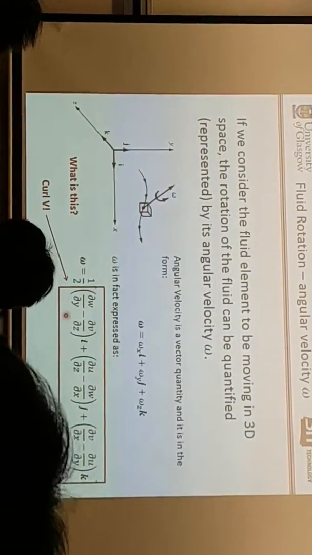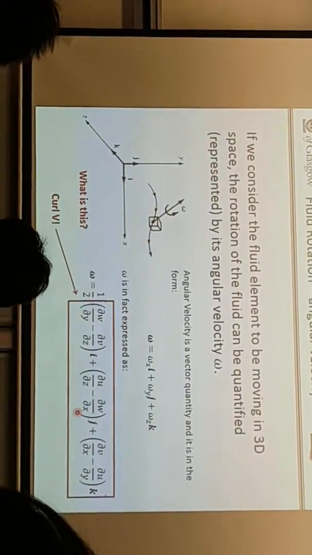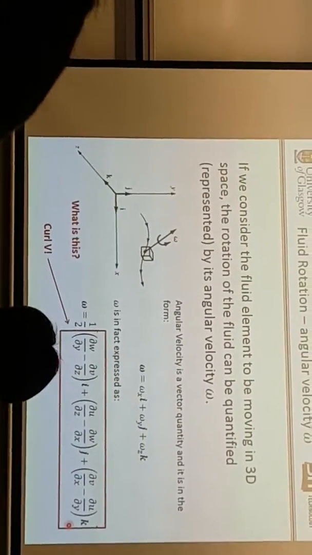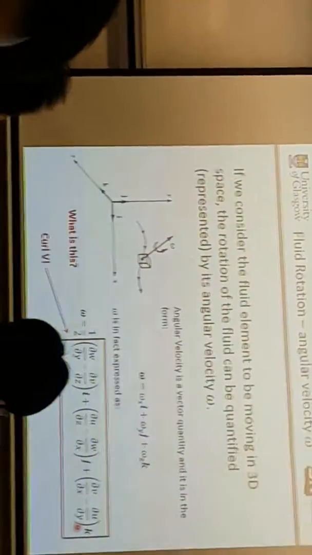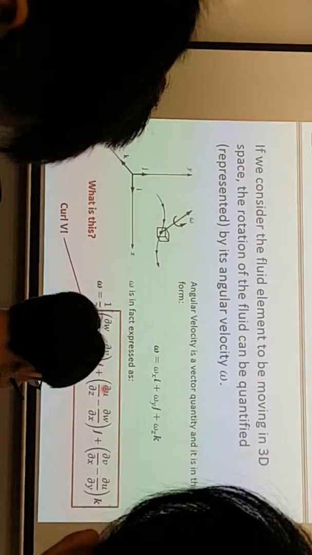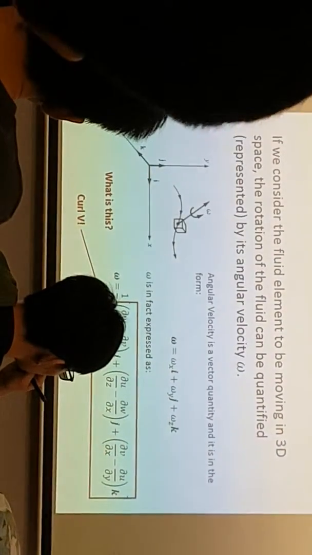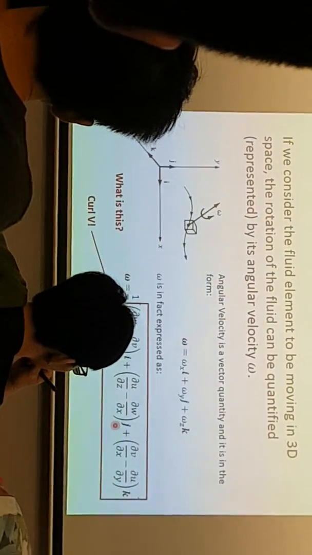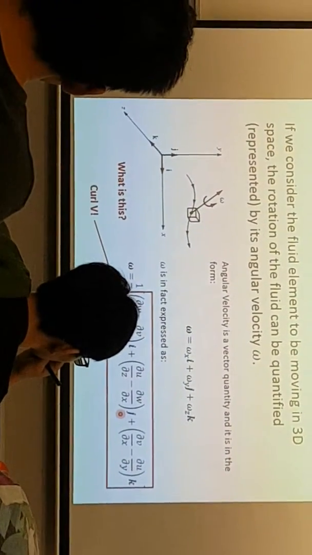Let me just explain to you what all these terms mean and the significance of this. So i, j, and k represent the x, y, z directions. Now, for example, what is delta u over delta z, delta v over delta x? What do you know these terms as? They are known as your velocity gradients.